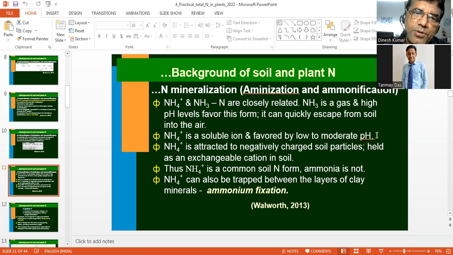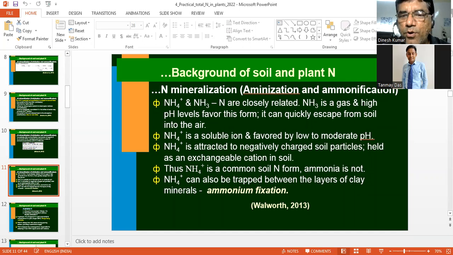At this pH or acidic conditions, the volatilization will decrease. Ammonical form is attracted to negatively charged soil particles, held as an exchangeable cation in soil. So this ammonium can be absorbed by the colloids, whether it is organic colloid or clay colloid, and become part of cation exchange capacity.